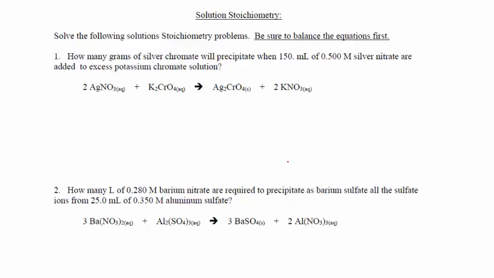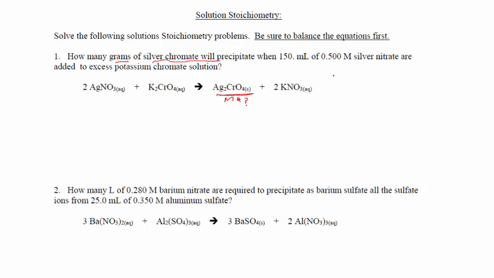Here's solution stoichiometry. So here we're worried about the stoichiometric ratios. So notice with this we're asking for silver chromate. How many grams of silver chromate, which means we have to figure out the molar mass of that stuff.